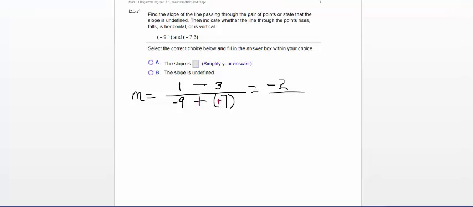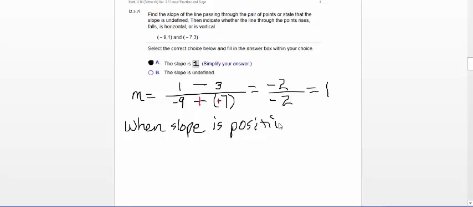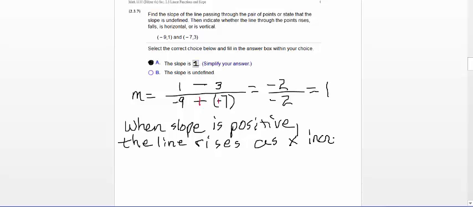A double negative is a positive, so I actually in the denominator have -9 plus 7, which is -2. So the slope here comes out to be 1. And 1 is the value that I give as the answer, selecting A, where I'm giving a slope value. When slope is positive, the line rises as x increases from left to right.